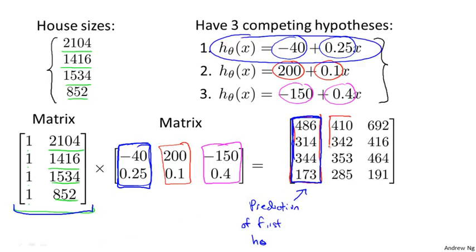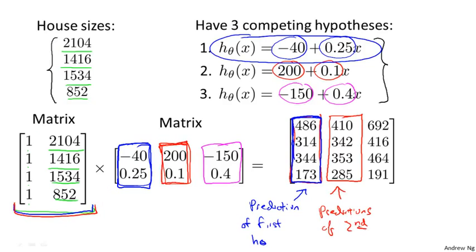And how about the second column? The way you get the second column is, you take this matrix and you multiply it by this second column. And so the second column turns out to be the predictions of the second hypothesis up there. And similarly for the third column.